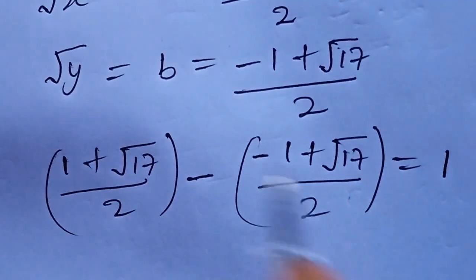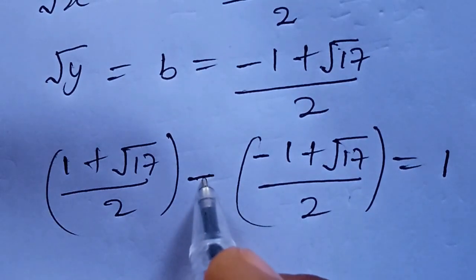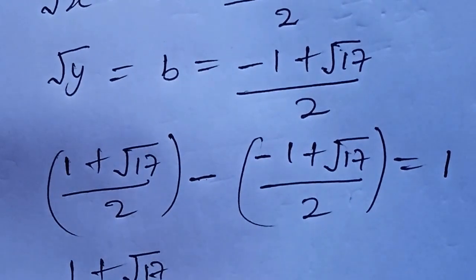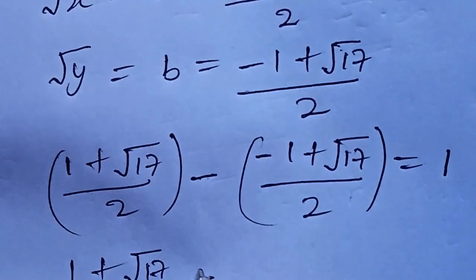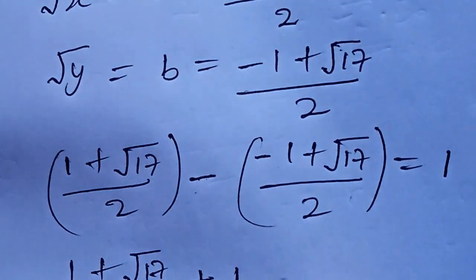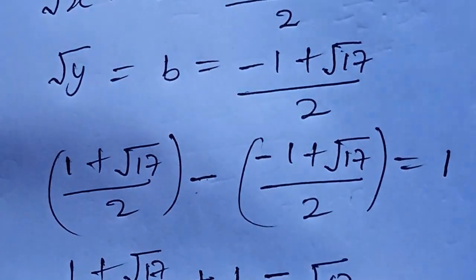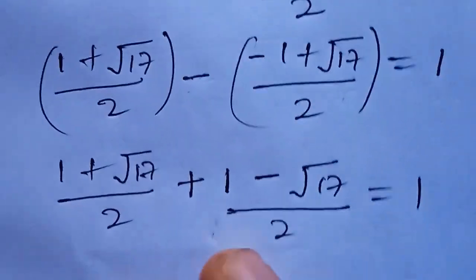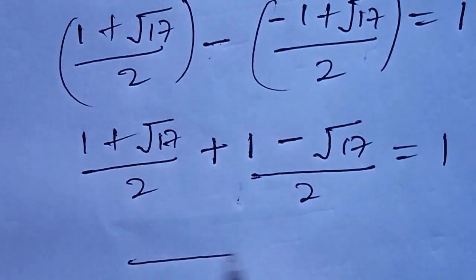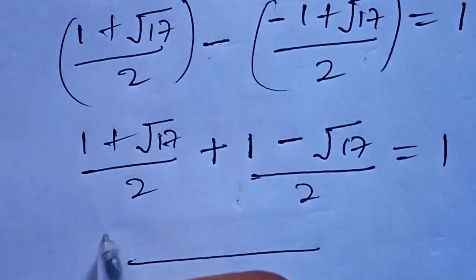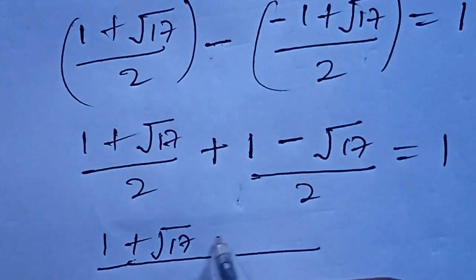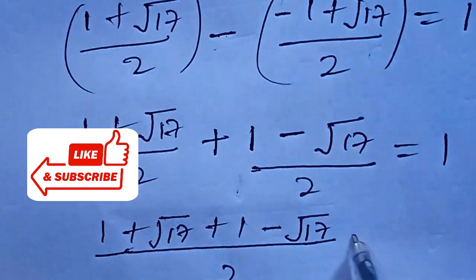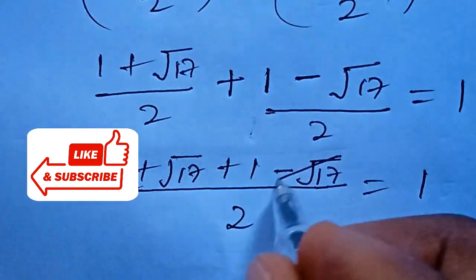So we can expand this. Use this minus to expand. We have (1 + √17)/2, and the minus negates the other minus, so we have plus 1, then minus √17 over 2, equal to 1. So we find the LCM, which is 2. We now have 1 + √17 + 1 - √17 equal to 1, and the square roots cancel out.